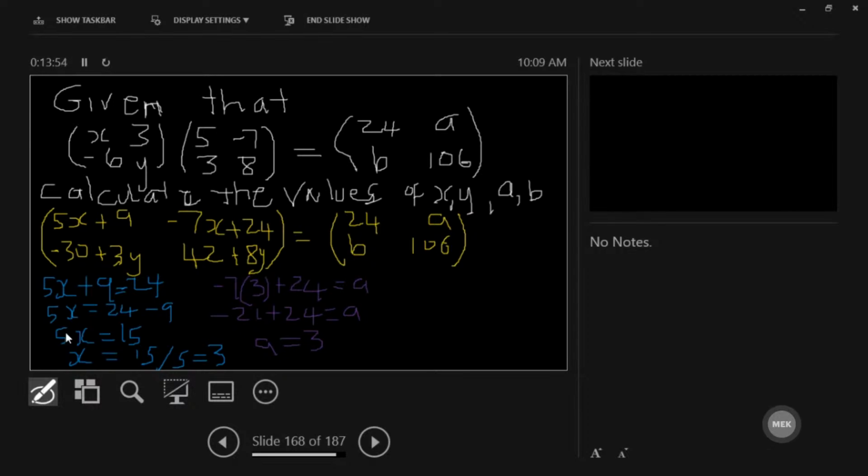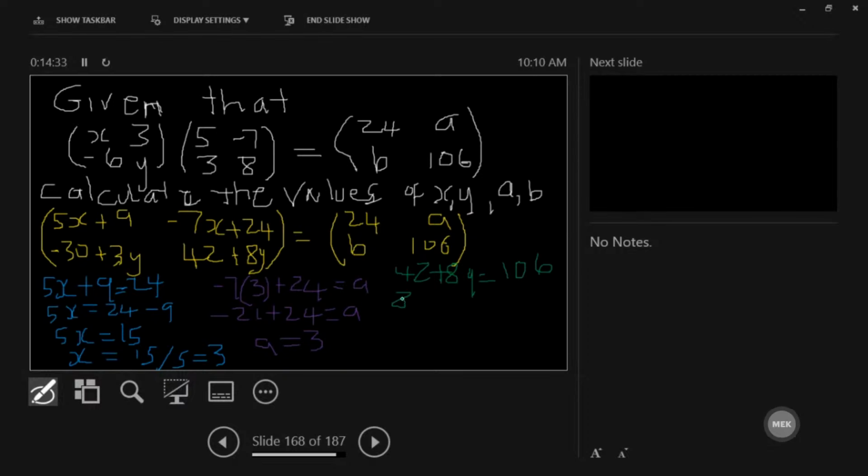X is 3, a is 3. So let's find out. We have two variables left, y and b. Since 42 plus 8y gives 106, we can find y using this. So 42 plus 8y is 106.